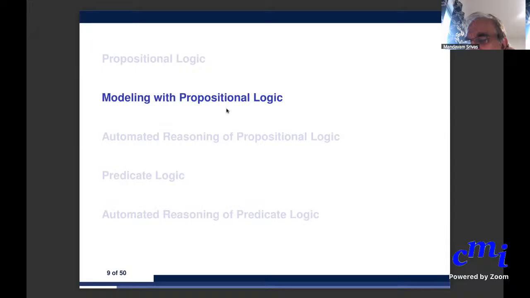And even finite programs, as long as your variables range over discrete finite domains, propositional logic is expressive enough to model. Okay, so I want to give you a flavor of what it means to model with propositional logic. And here I'll switch over to another set of slides.